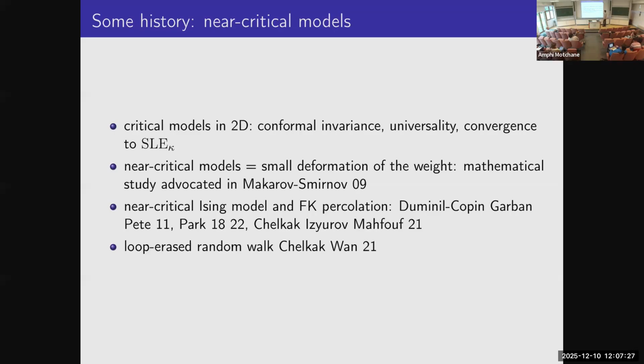Some mathematical works on near-critical models are the works on the near-critical Ising model by Duminil-Copin, Garban and Pete, by Park, and by Chelkak, Izyurov and Mahfouf, who proved some convergence results for some observables, and some convergence of correlations also. There was also a work which is important for us about the loop-erased random walk by Chelkak and Kenyon. So this is quite a recent history.